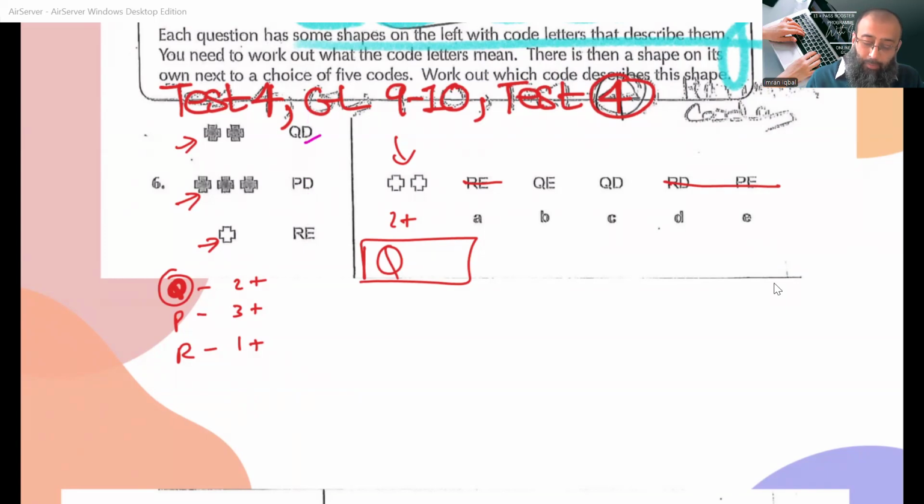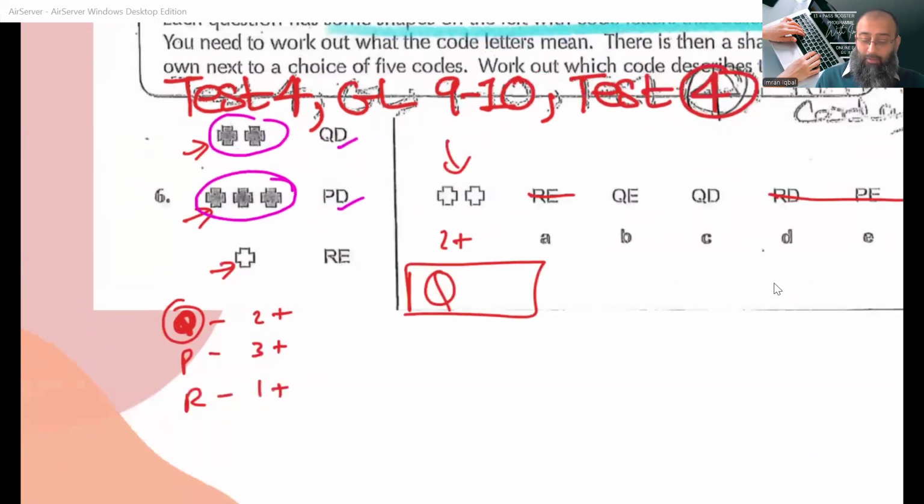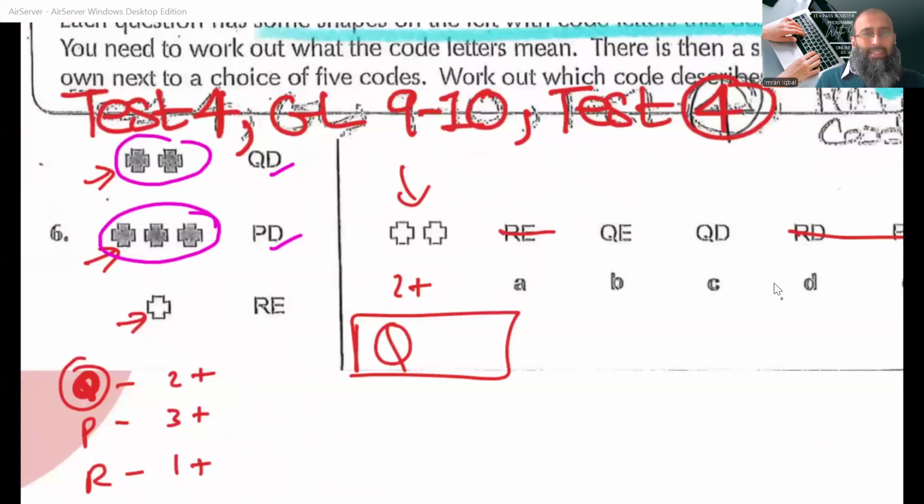Now we are lucky, we have two D's. Because the D's are common, they are both the same. What is the same in the diagram? If I look at the diagram D and D, then the E, the D and D don't have the same number of crosses, but they do have the same shading.